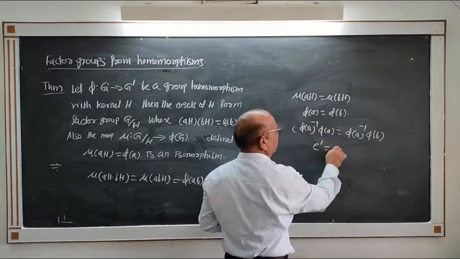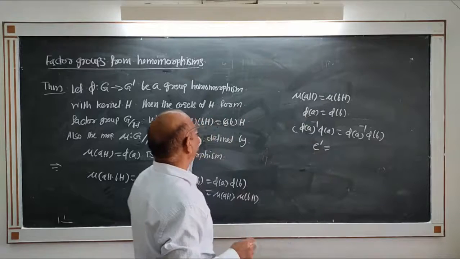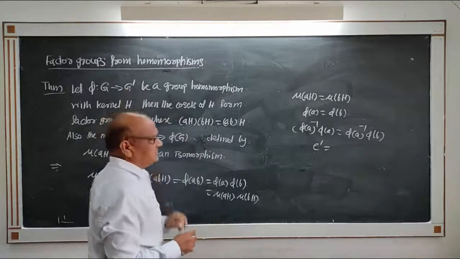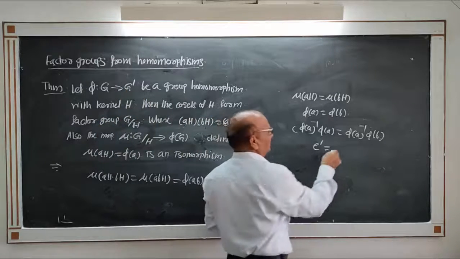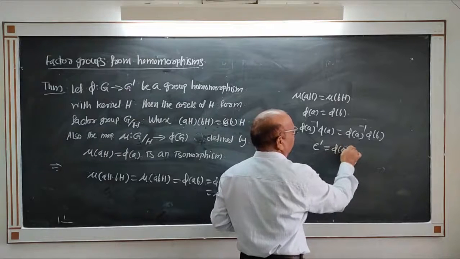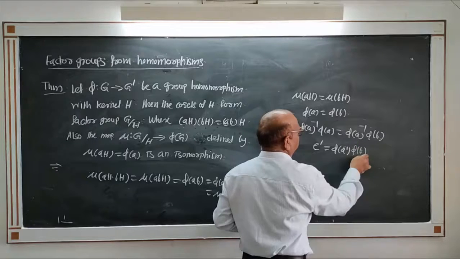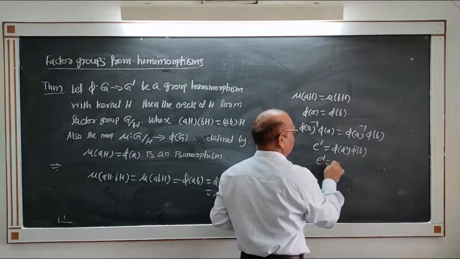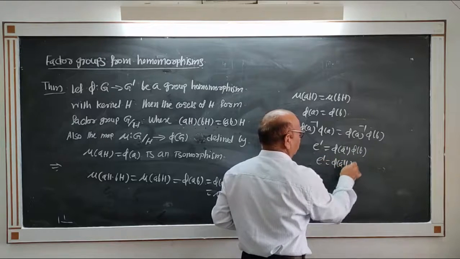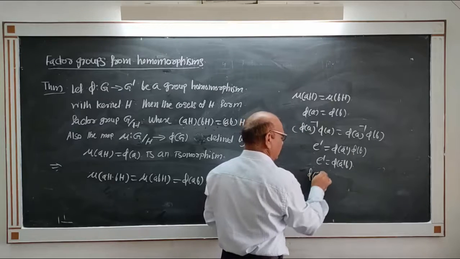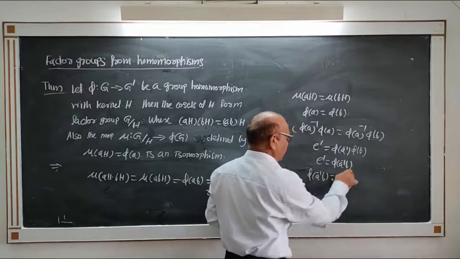Here we get E dash, which is the identity of G dash. And by properties of homomorphism, this gives phi of A inverse B. That means phi of A inverse B is equal to E dash.